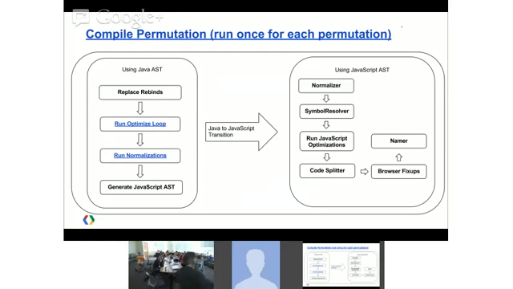So one thing to note is whenever we're doing stuff with the Java AST, we, for the most part, ignore all JSNI code, except taking into account that you have references there to compute liveness and all that stuff. But basically, we don't touch JSNI code in the Java AST.